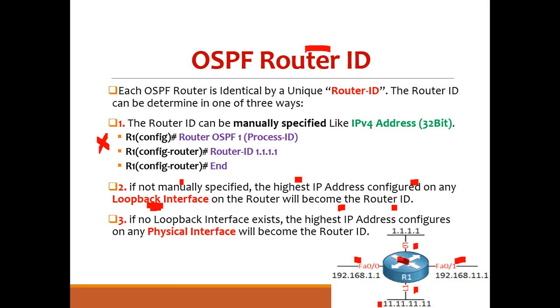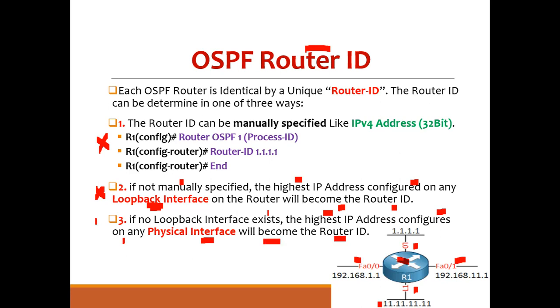Now the second condition is completed. In the third condition, if a loopback does not exist on the router, because on some routers we don't configure loopbacks, then the highest IP address configured on any physical interface will become the router ID of that router.